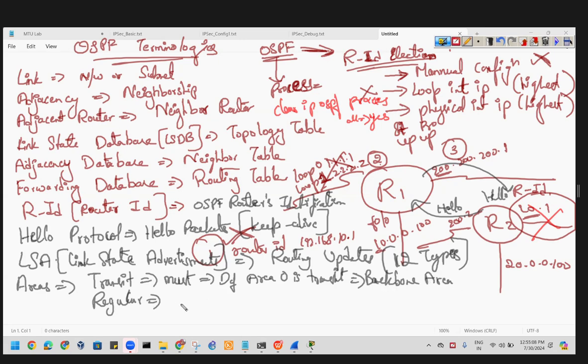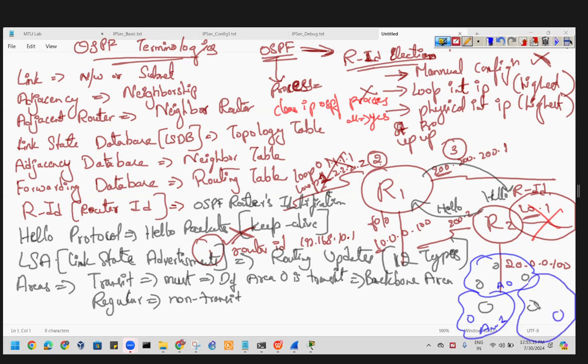What are regular areas? These are non-transit areas. What do you mean by non-transit? Let's suppose I have multiple routers and I have put them into multiple areas. Let's suppose this is area 0, and there are two routers here in area 1, and these routers are in area 2.